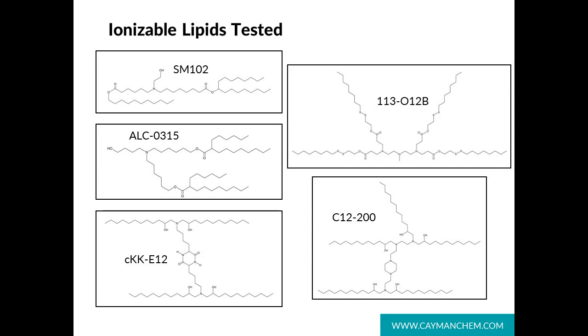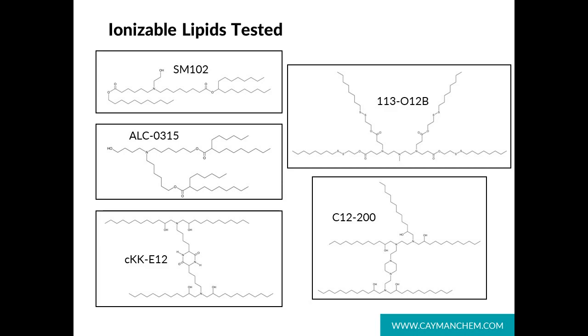We wanted to take advantage of Cayman's library of published ionizable lipids to test how some of these newer lipids would behave in LNP formulations. SM102 and ALC0315 on the left have proven themselves effective already in the COVID vaccines, but different organ targeting is desirable for many applications.